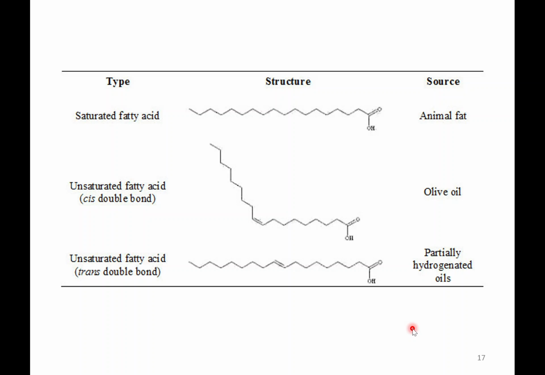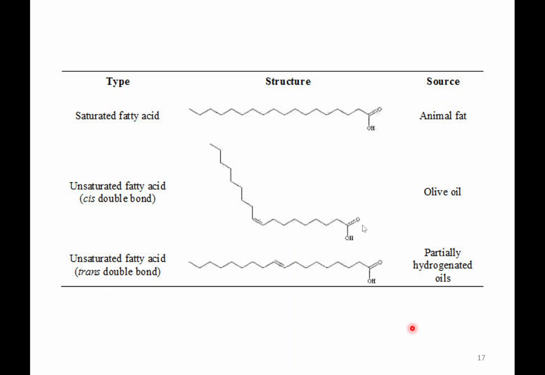If we look at a picture of these, a saturated fatty acid is very linear. You'd find those typically in animal fats. They're solids at room temperature. A lot of animals that use fats as a way of insulation would use more saturated fatty acids. Unsaturated fatty acids, where we have a cis conformation at the double bond, tend to be more plant type oils, things like olive oil.